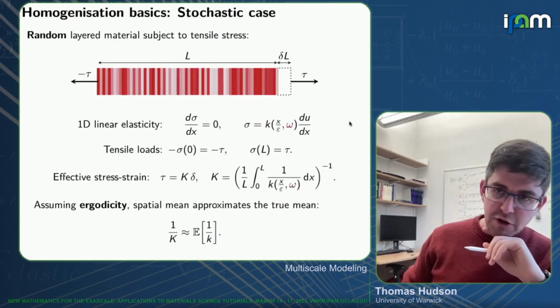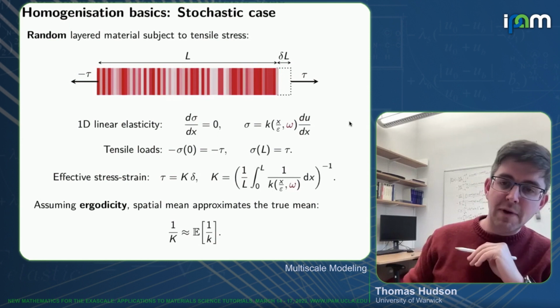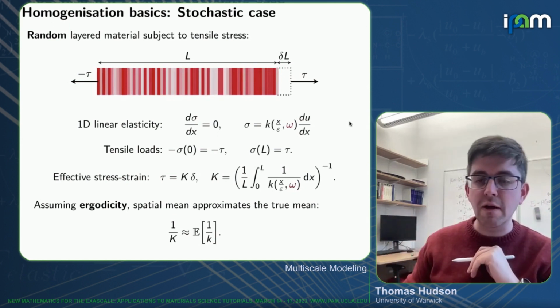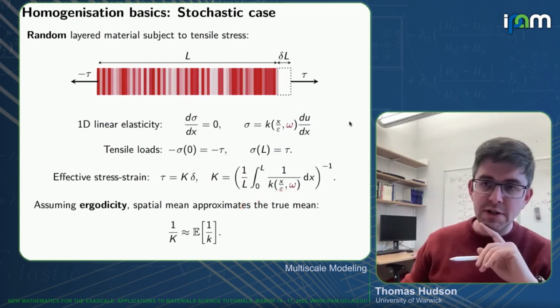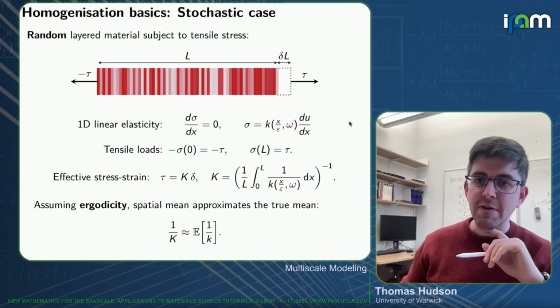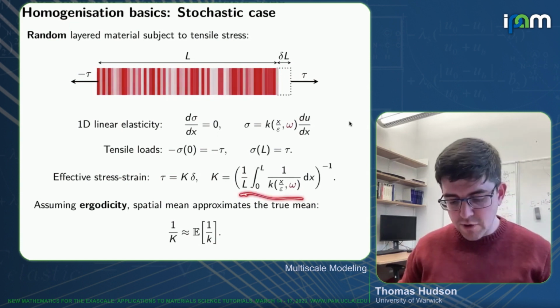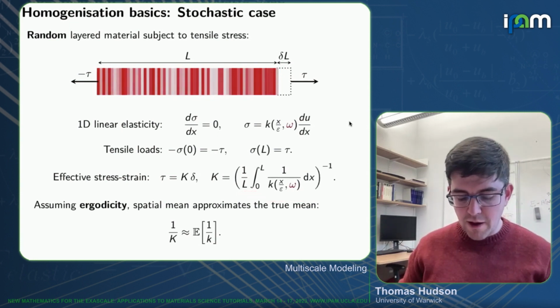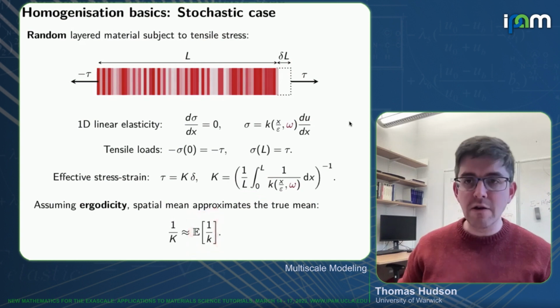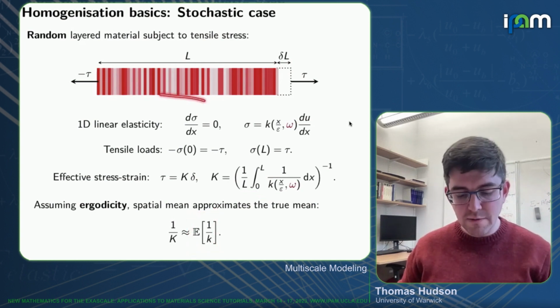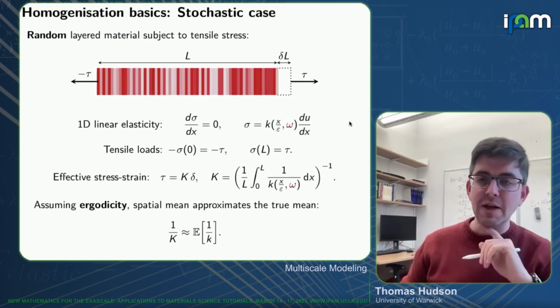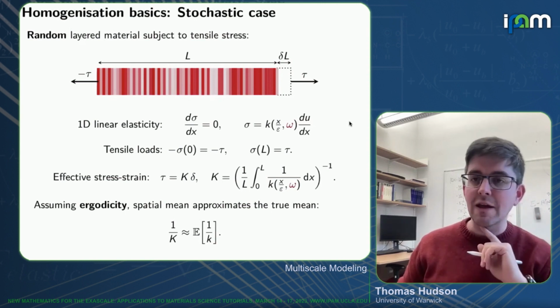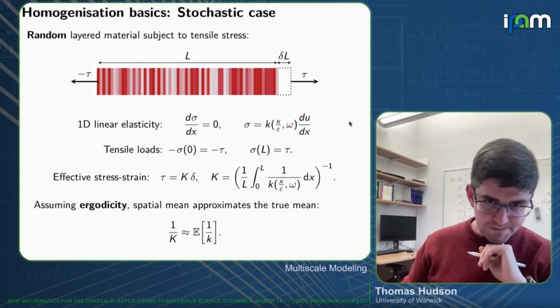And if I assume a property called ergodicity and my epsilon is sufficiently small relative to the length L, then this spatial average can be converted into an actual average of the random field. So I replace this spatial average that's inside here with an expectation, the mean of 1 over K. So if K is random across here, a random elastic coefficient in each of the layers, then if I take the expectation of the inverse of those elastic coefficients, that gives me the inverse of the effective elastic coefficient in this case.